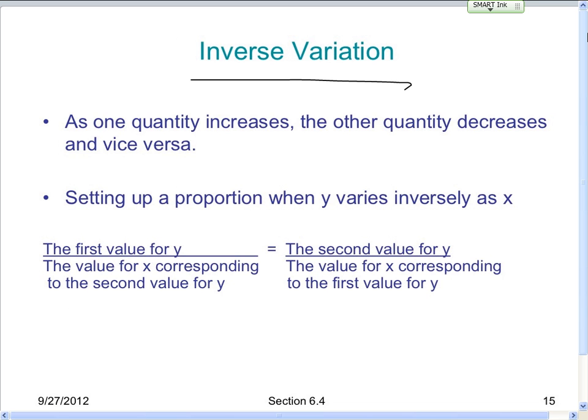Be careful with inverse variation. Students get this wrong all the time. It's because they don't read the fact that it says inverse variation and they always set it up as direct variation and then leave it and solve it as direct variation, which it is not. It is inverse variation. Be very careful here.